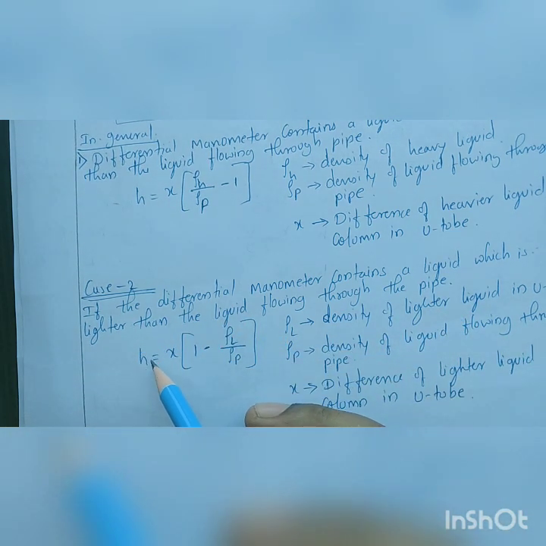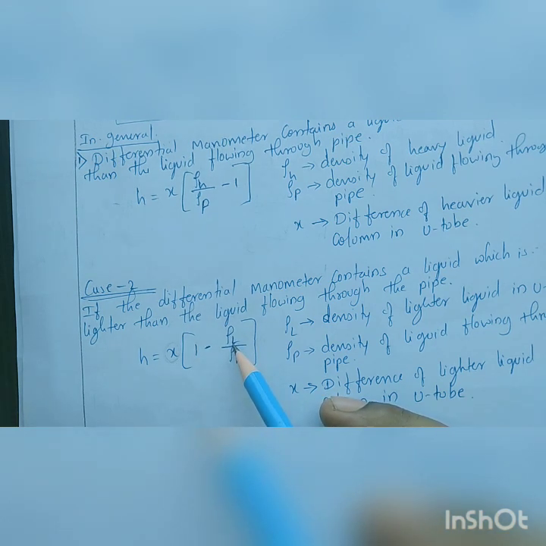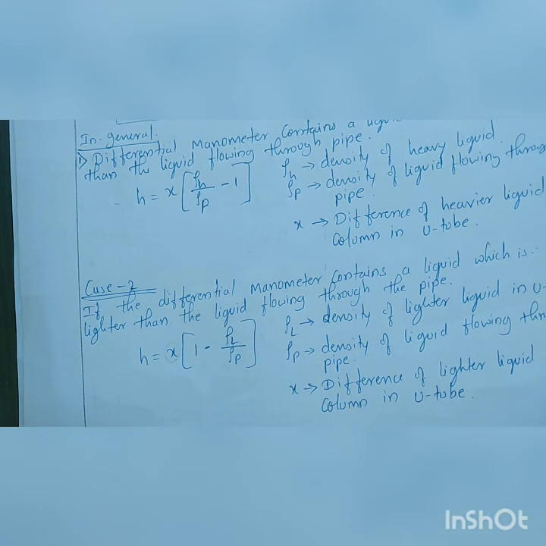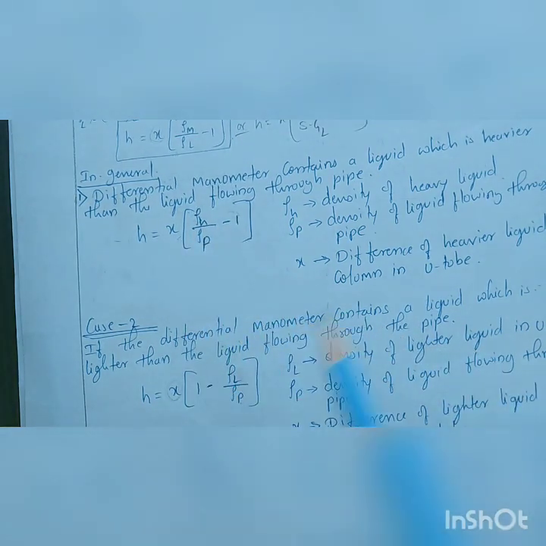So h is equal to x, where x is the difference of the height in the left and right limb, times 1 minus density of the liquid present in the differential U-tube manometer divided by density of the liquid flowing in the pipe. So there is not much difference except the terms will interchange.